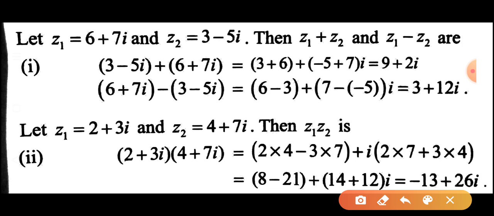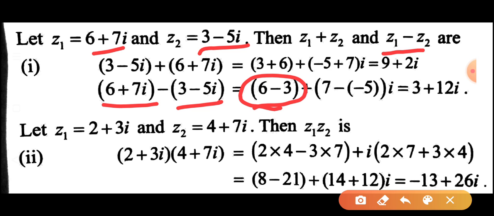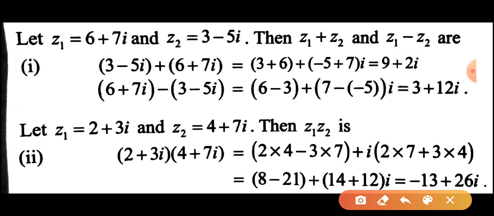Okay. Next, z1 minus z2. So z1 is 6 plus 7i, minus z2, that is 3 minus 5i. First we group the real parts, that is 6 minus 3. This is the real part. Next we group the imaginary part. Here the coefficient of i is 7, and here the coefficient of i is minus 5.